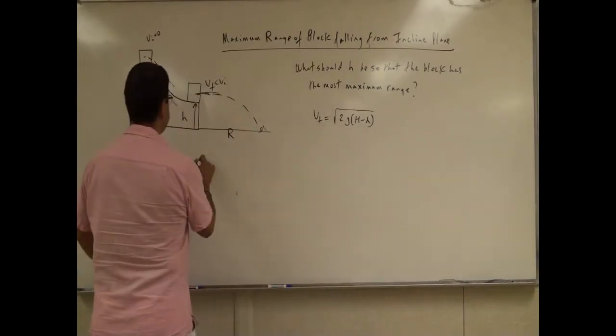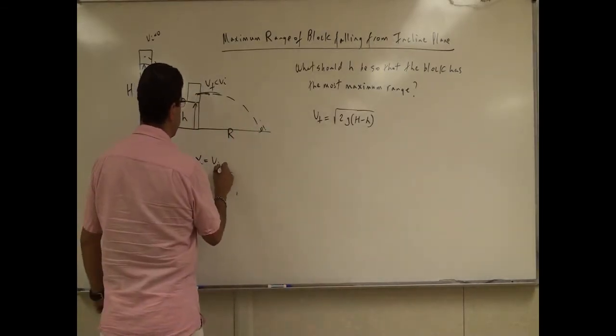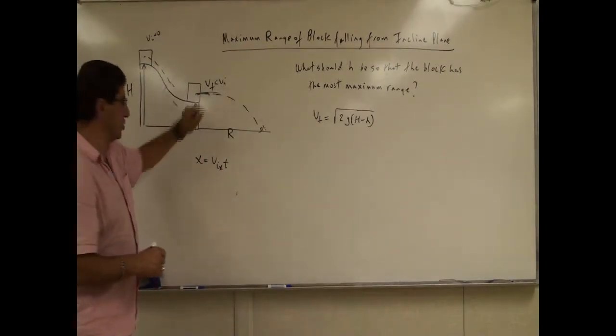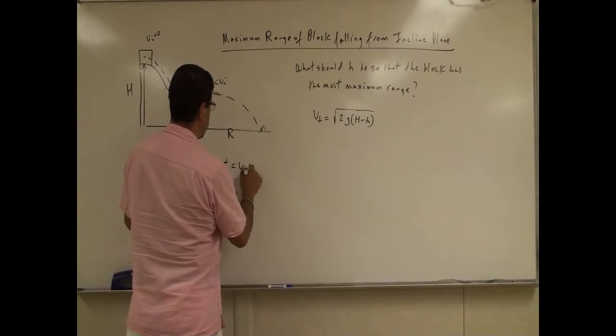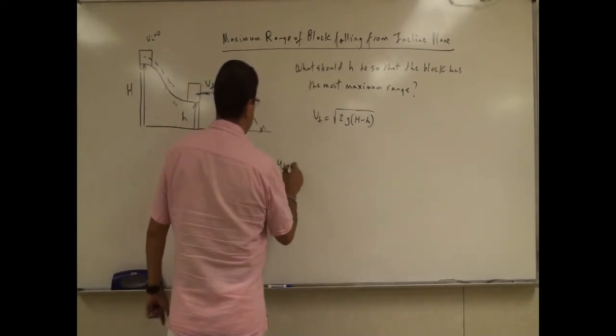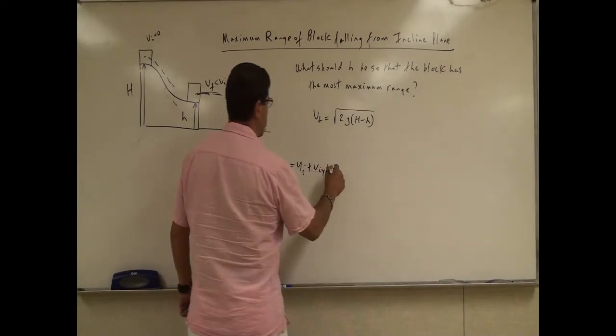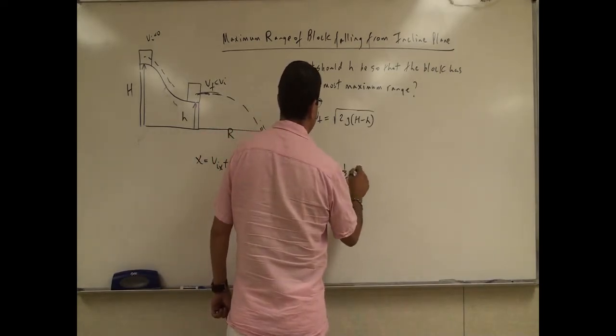We can say here x is equal to V initial x times t, and V initial x is simply the same as V initial, right? That's equal to V initial t. Then we have y final equals y initial plus V initial y t minus half g t squared.